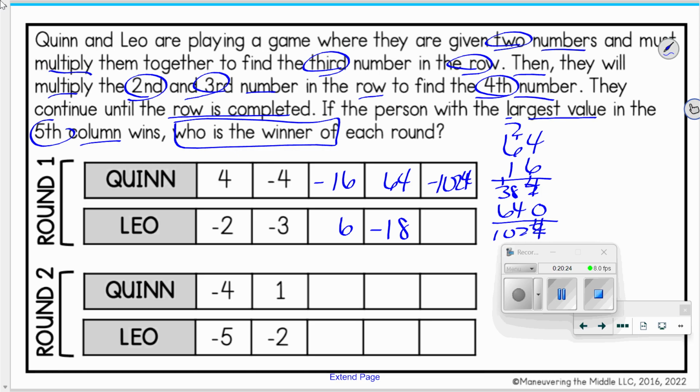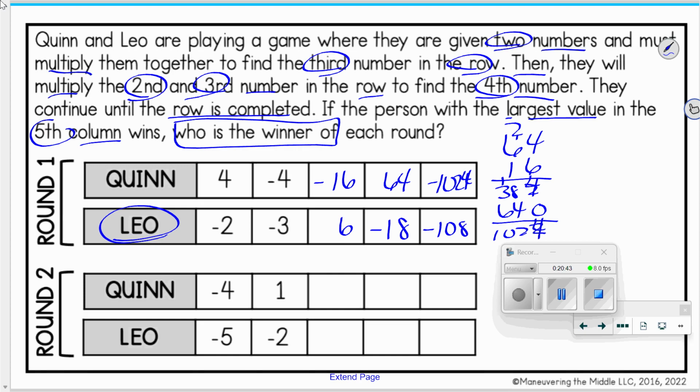Compare the answers, they are negative. 18 times 6 is 108. Compare the answers, they're negative. Since they are both negative answers, the smaller negative is actually bigger because it's further to the left on the number line. So Leo won the first round.